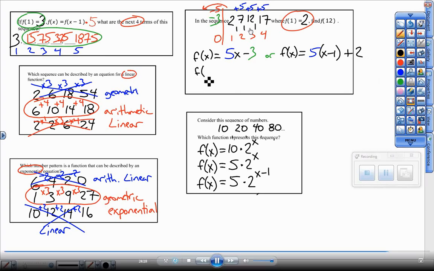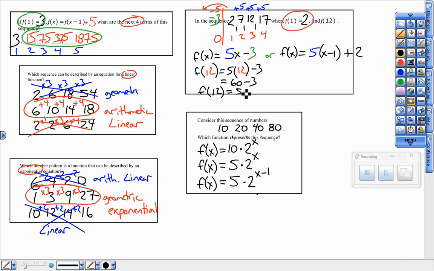So if I evaluate this for the 12th term, now I'm using it. Plug in 12 here to show what I'm plugging in. 12 here to do the actual math. Minus 3 gives me 60 minus 3, or the 12th term is 57.